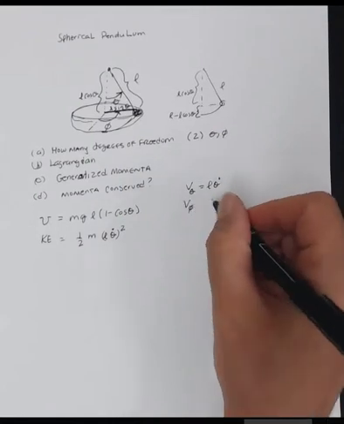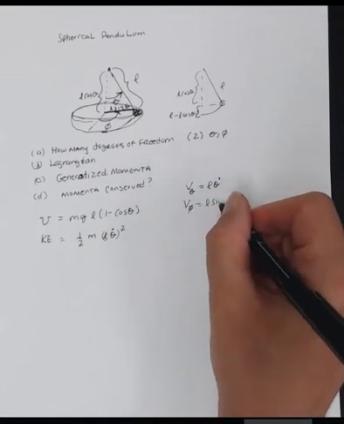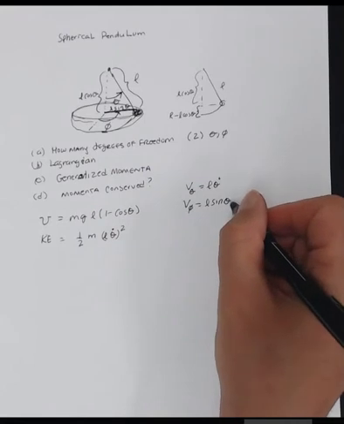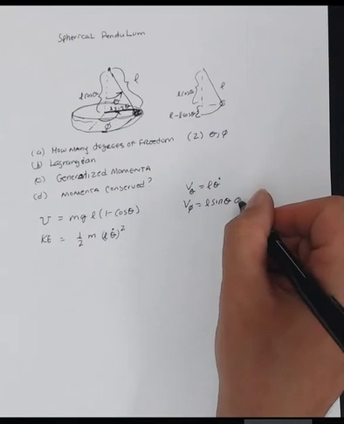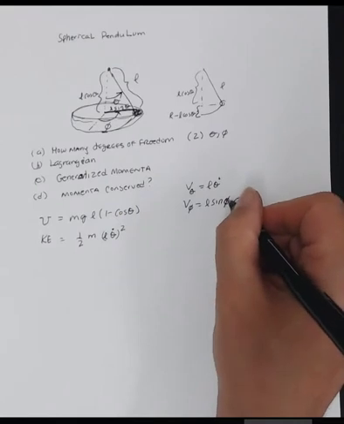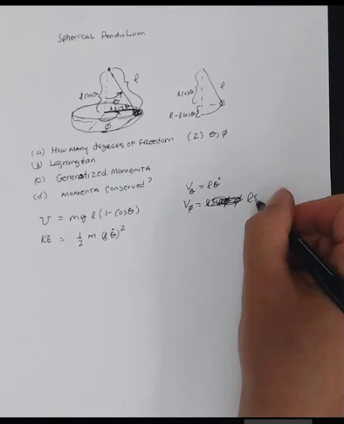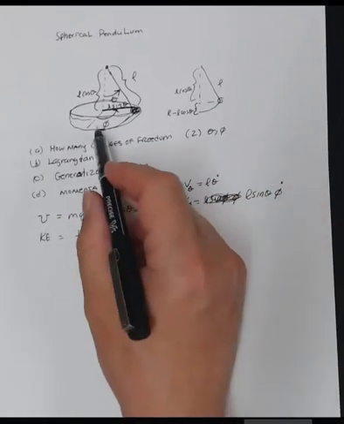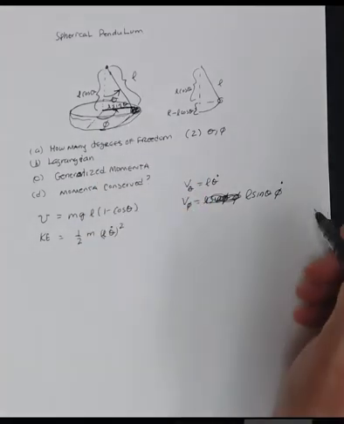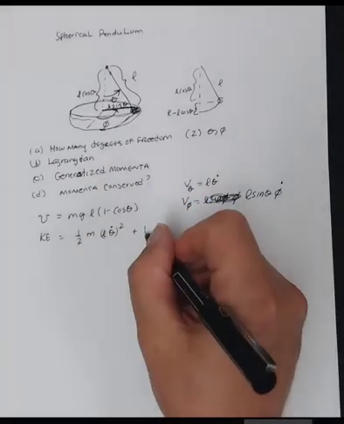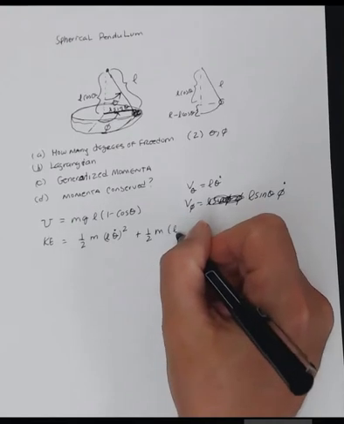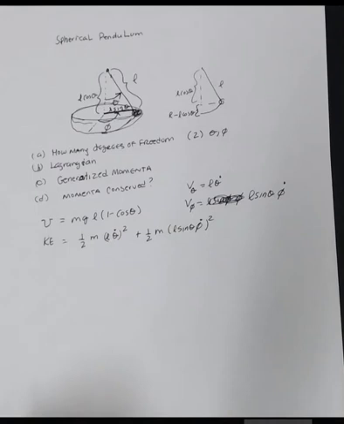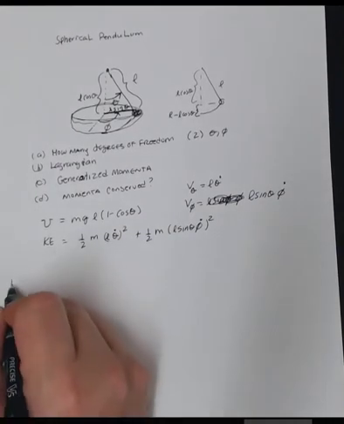Velocity in the phi direction would be L sine theta, which is the length, and then phi dot, because phi is the angle in that direction. So I get plus 1/2 m L sine theta phi dot squared. So there we go. So I have the Lagrangian.